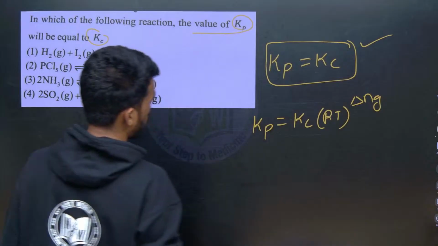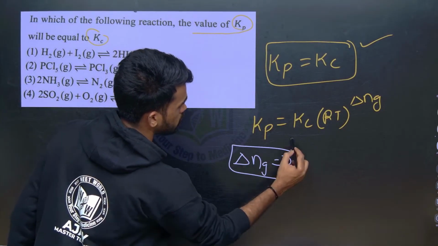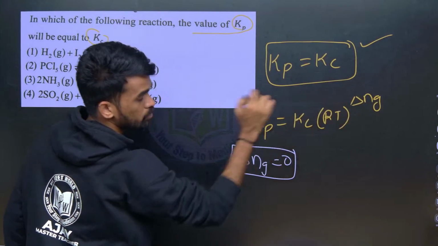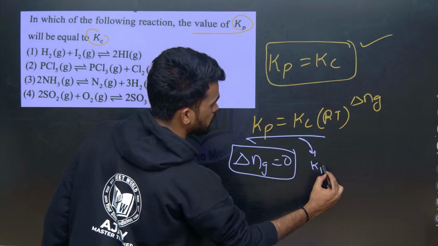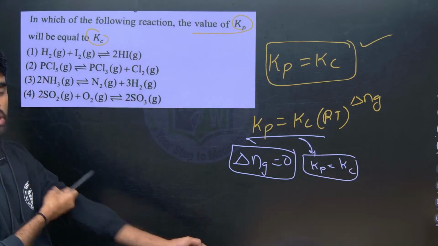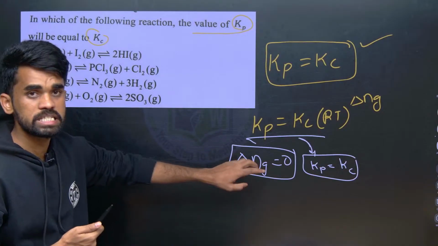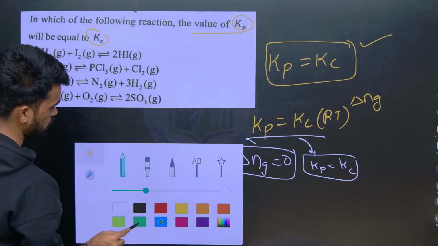If delta Ng is 0, then something to the power 0 will be 1, therefore that makes this equation Kp equals Kc, right? So what we need to do now is find delta Ng values for each of these reactions.